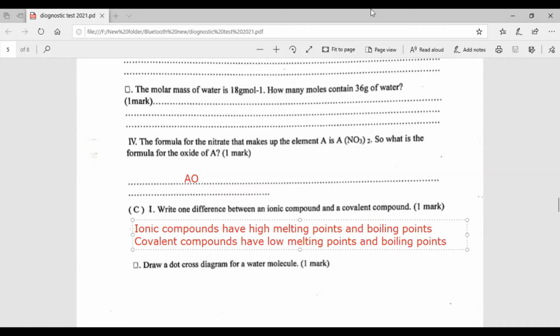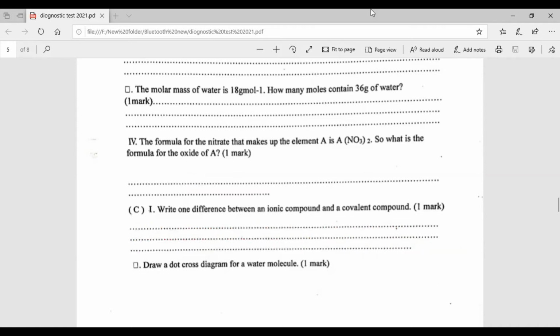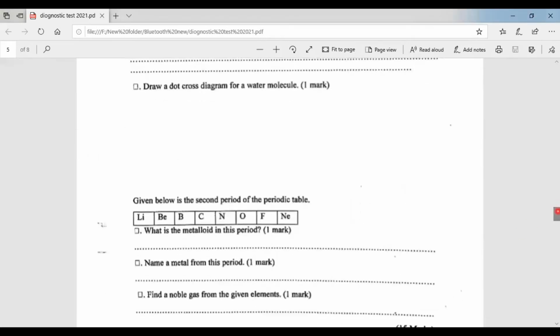Okay. Next question, draw a dot cross diagram for a water molecule. Here I'll draw that oxygen and two hydrogen atoms are joined together. In between the hydrogen and the oxygen, two electrons are shared. The dots show the electrons of the hydrogen and the crosses show the electrons of the oxygen.